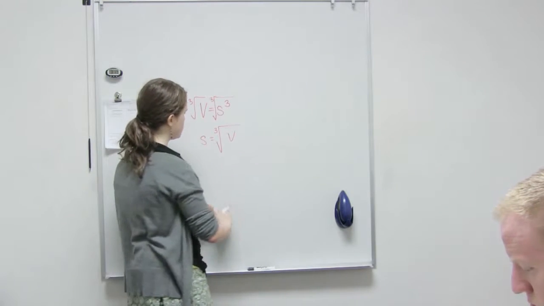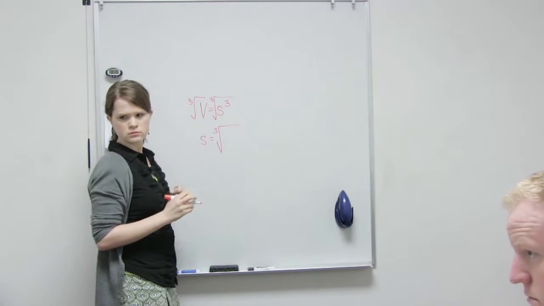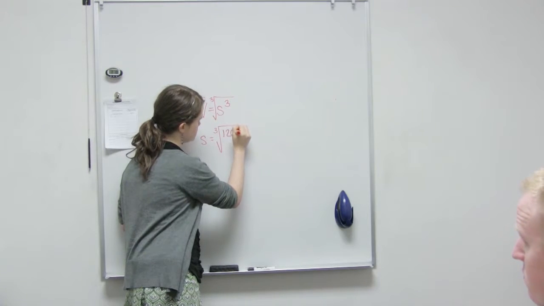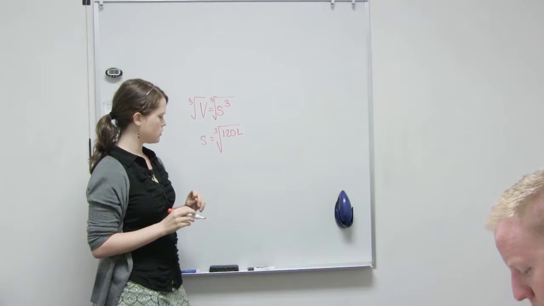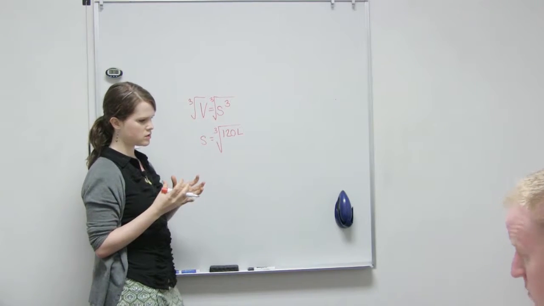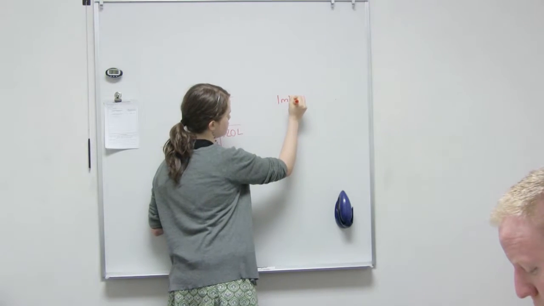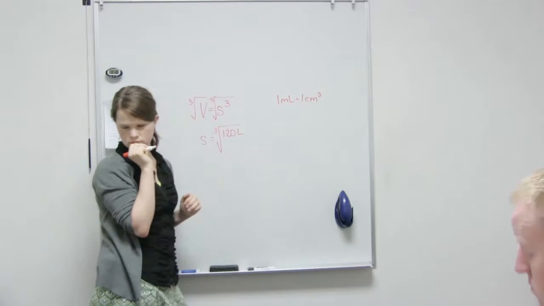Okay? And so now, what's your number for the volume? The 120 liters. So now, the conversion factor, or just the thing you need to remember, is that 1 milliliter equals 1 centimeter cubed.